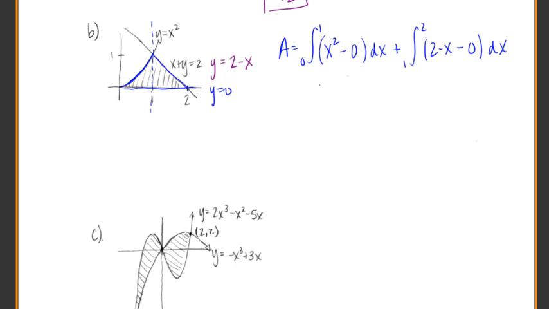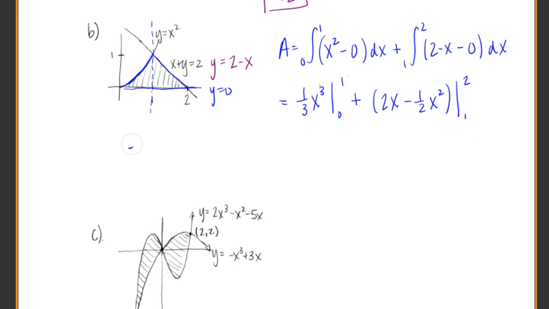So taking the integration, this is going to equal 1/3 x cubed, evaluated from 0 to 1. And the next one, we take the integral of 2, which is 2x, and the integral of x is 1/2 x squared, evaluated from 1 up to 2.